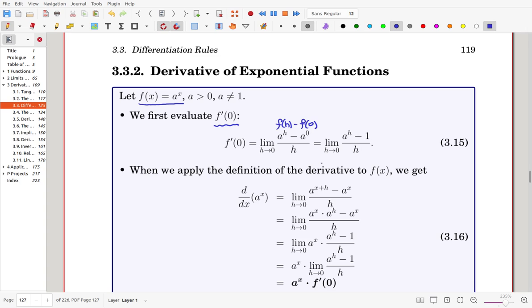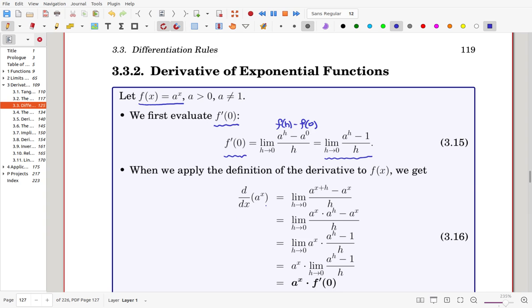So that quantity is f prime of 0. Now we'll try to get the derivative of that function at general x, for the point x rather than the specific point 0.